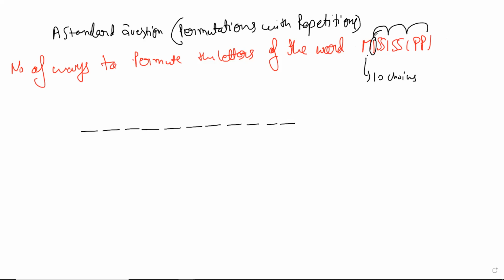Because these two I's are considered the same, right? Because if I place this I in the second place, or if I place it in the fifth place, I'll get the same answer, right? But I will be counting it as different. Is that right?